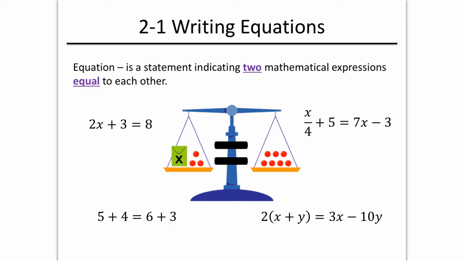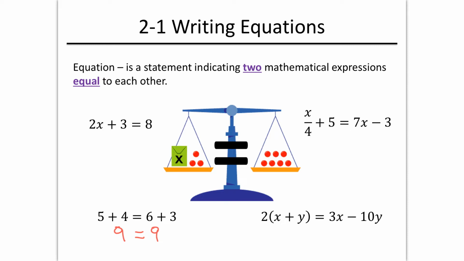But guess what? That's also 9. Let me write that down so you can see that on the left side, 5 plus 4 is 9, and it equals 6 plus 3, which is 9. So that's a balance. We have the same weight on each side of that scale, or on each side of the equal sign. So it's just a balance that we need to have.